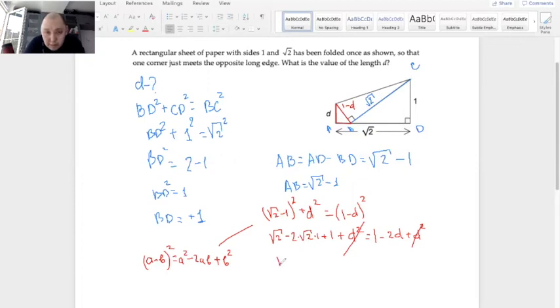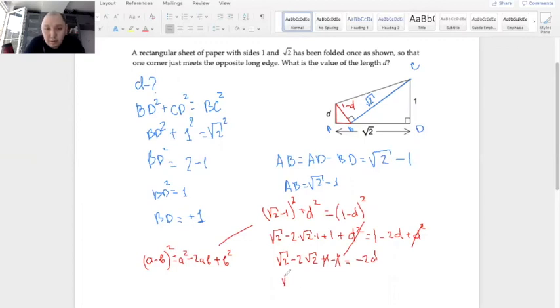What we have here is 2 minus 2 root 2 plus 1 minus 1 equals negative 2D. So this is canceling each other out.